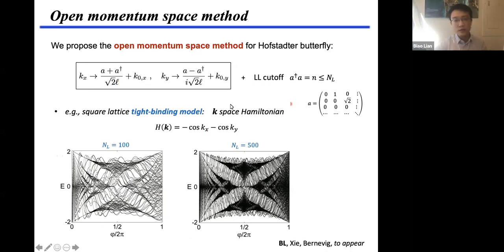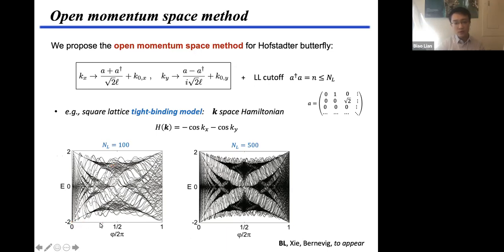Note that this L here, I forgot to mention, is the magnetic length, which has a magnetic field dependence. So by changing the magnetic field, this L changes, and one could obtain such a spectrum as shown here. The interesting thing is, for this calculation, you don't need to assume the magnetic flux to be a rational number.